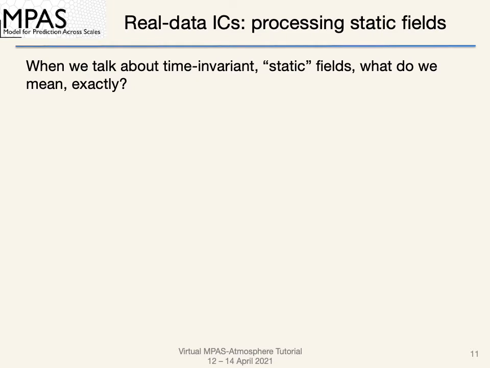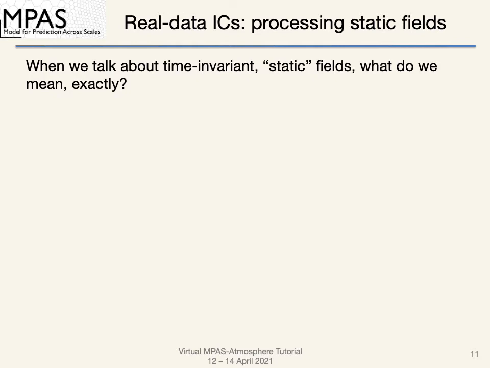So we know now that we need to edit this namelist.initAtmosphere file to specify all of the options that are needed by the init atmosphere model program to create real data initial conditions. And as we said back at the beginning of this talk, one of the first steps that we do to create real data initial conditions is to horizontally interpolate these time invariant or static terrestrial fields.